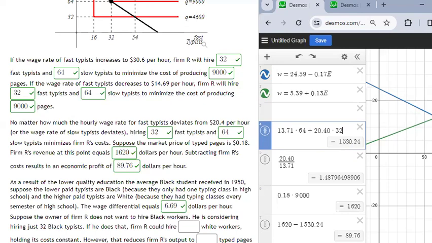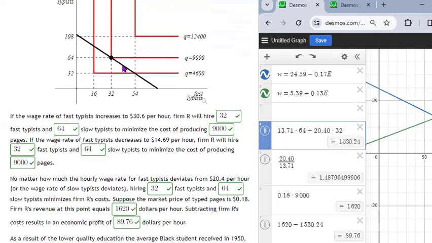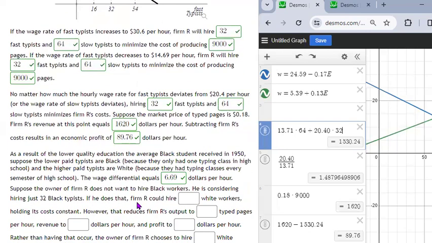Anywhere along this iso-cost line, it costs the firm $1,530.24.